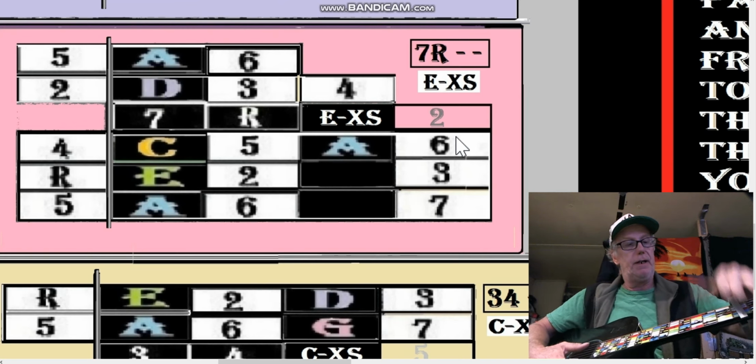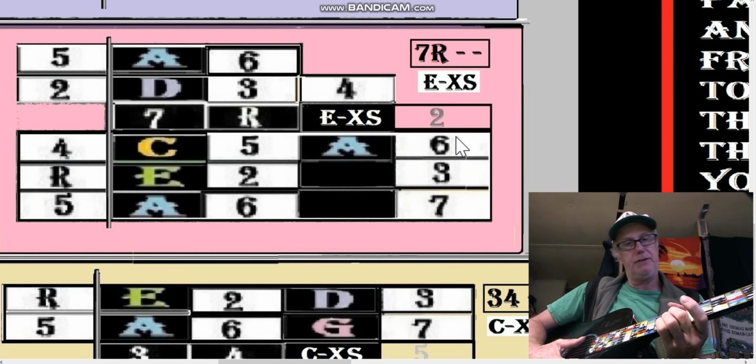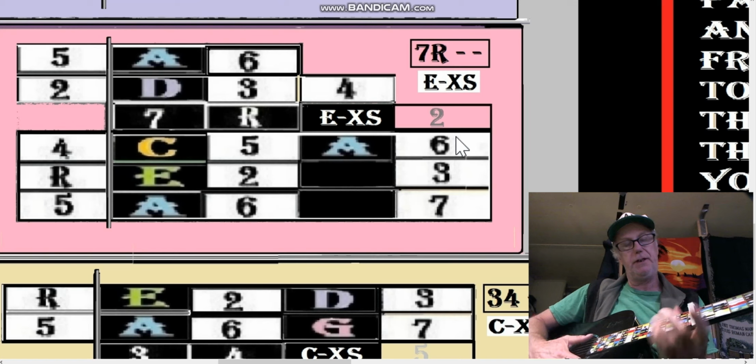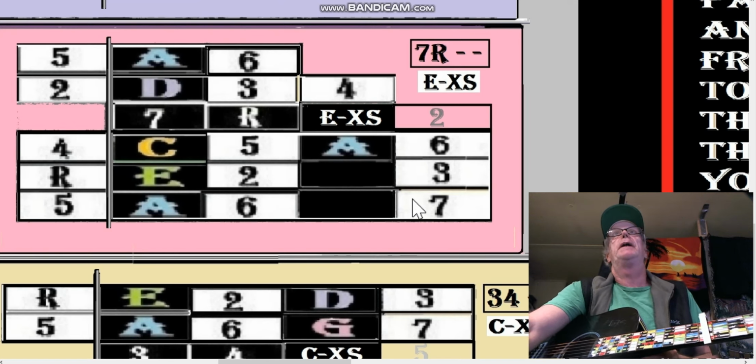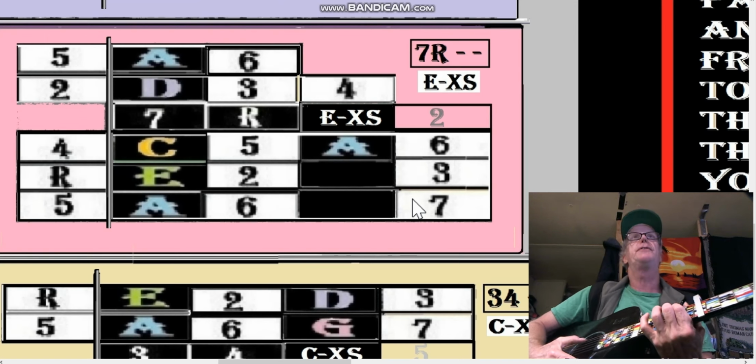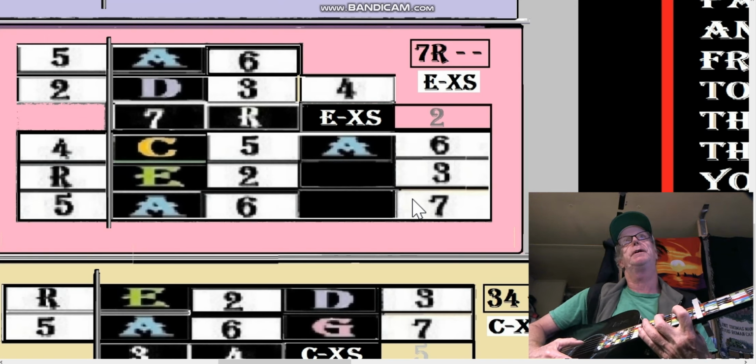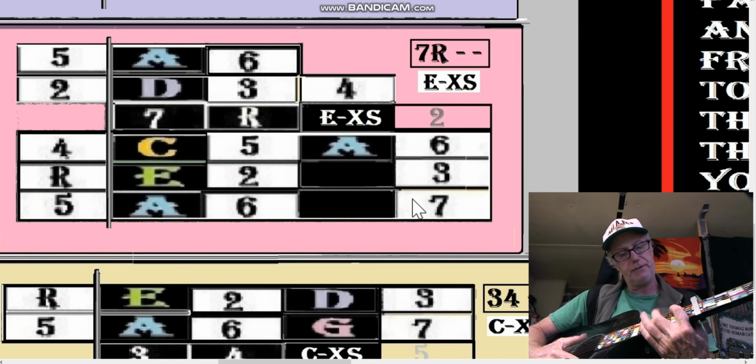So if I put the capo up here, now I have an A shaped C. The G is the 5th of C. So we're looking at the A long pattern here: 5, 6, 7, root 2, 3, 5, 6, 7, root 2, 3, 4, 5, 6.